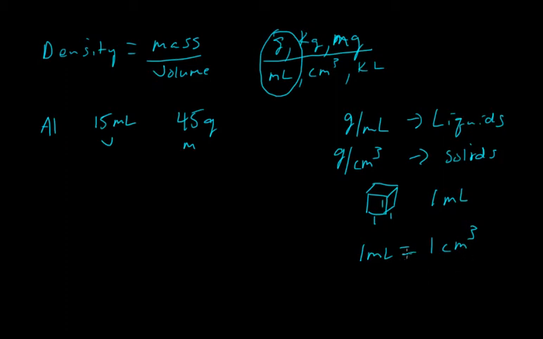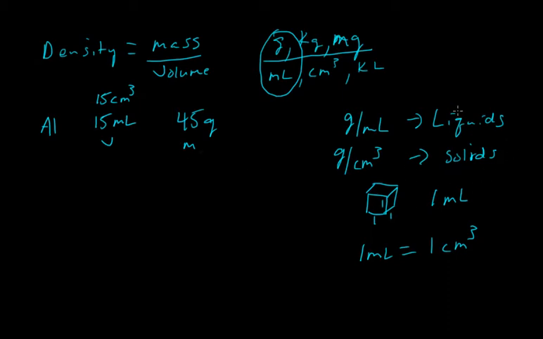They are the same. You can use them interchangeably, but typically we use grams per milliliter for liquids and grams per cubic centimeter for solids. In this example, we've got milliliters for the volume of aluminum, but we could also say 15 cubic centimeters. They would be exactly the same.